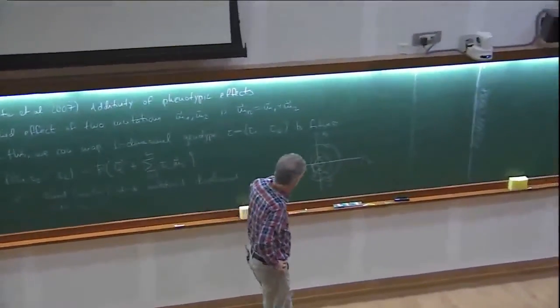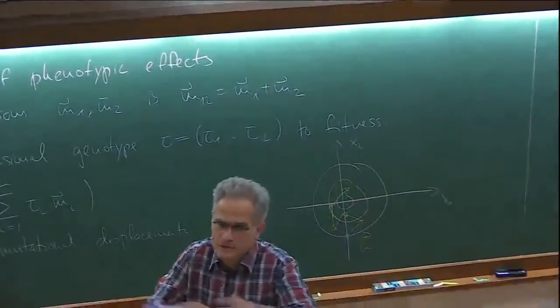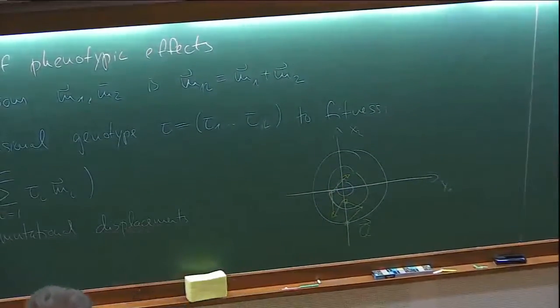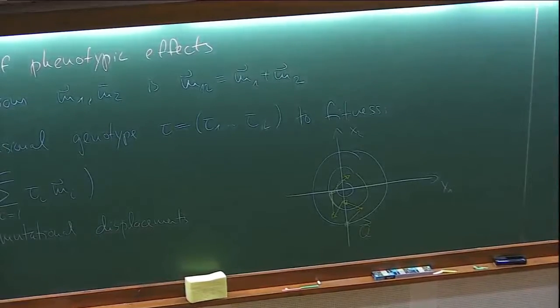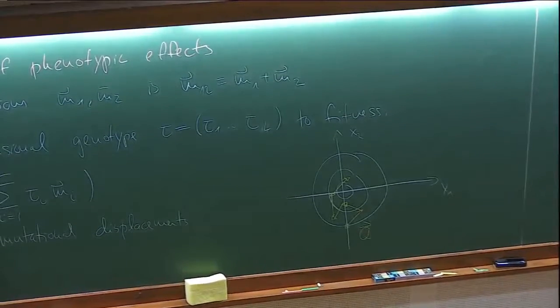So you can have a moving optimum, and then there's some issue of whether adaptation is able to keep up with this, and so on. So these things, of course, can be done.